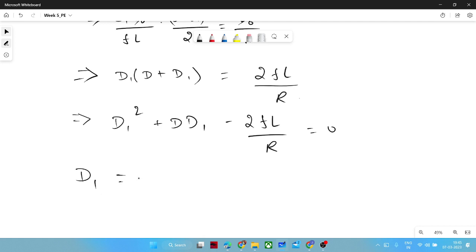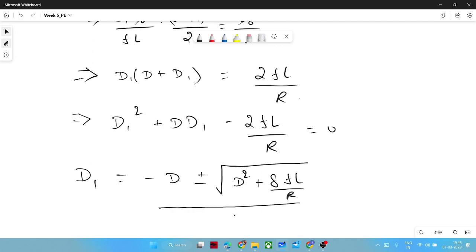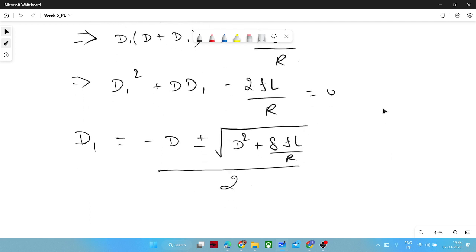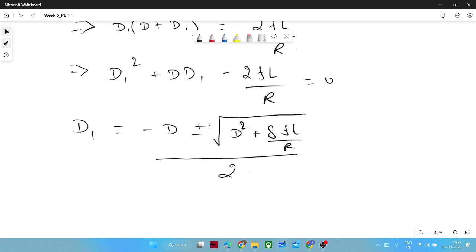Now we can write D1 as minus D plus minus square root of D square minus 4AC, so that will be minus 4 into minus 2, so 8 FL by R, divided by 2. So minus D minus something will lead to a negative term, and that is not possible for duty ratio, so we ignore the minus sign and are left with this expression.